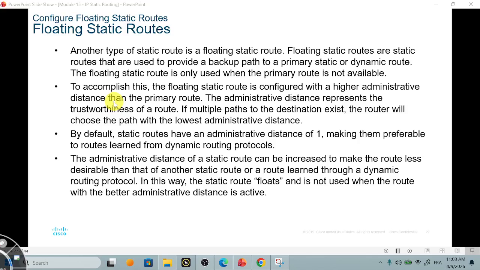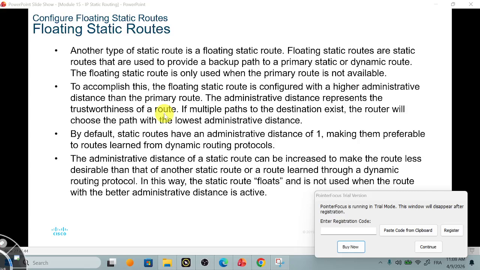As much as we increase the administrative distance value, it means that the router should avoid this route. So the administrative distance represents the trustworthiness of a route.